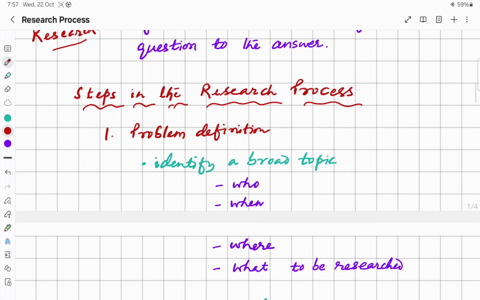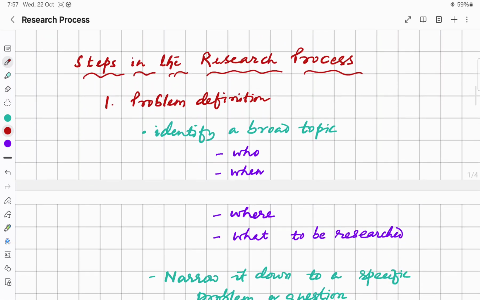So what are the steps in the research process? The first step is problem definition. If the problem is not defined well, then definitely we will not have a great solution.